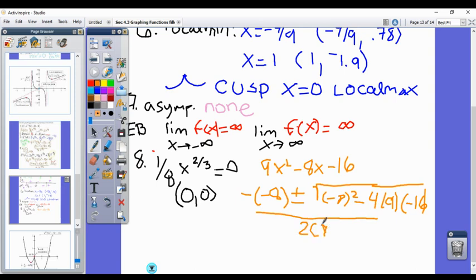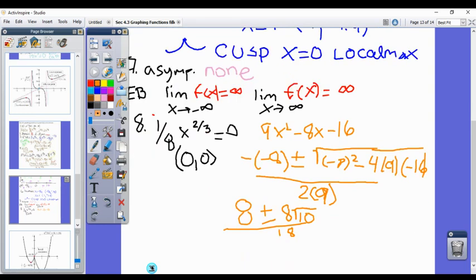If I simplify that down, this is a 9. I'm going to end up with 8 plus or minus 8 square root of 10, all divided by 18. Hopefully you're seeing that I could divide that because they're all even.